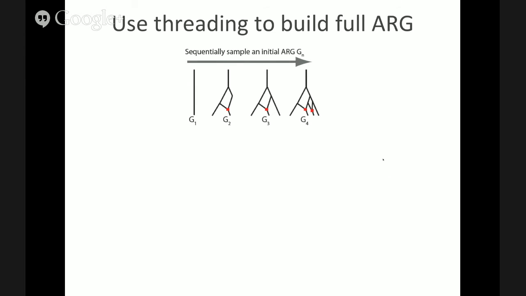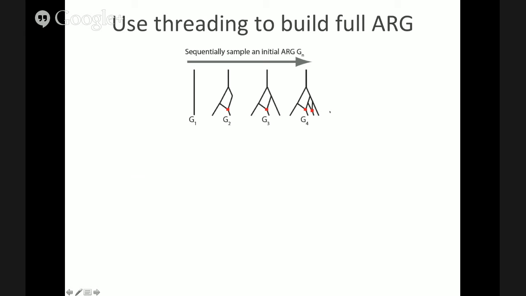All right, so that was a sub-problem. We can now go from an ARG of n-1 sequences to n. How could we use that to build up an entire ARG? You might think about applying that algorithm serially, one at a time. You could start off with a trivial ARG of a single sequence, which is just one branch, and then add one more sequence at a time, slowly building up a bigger ARG.